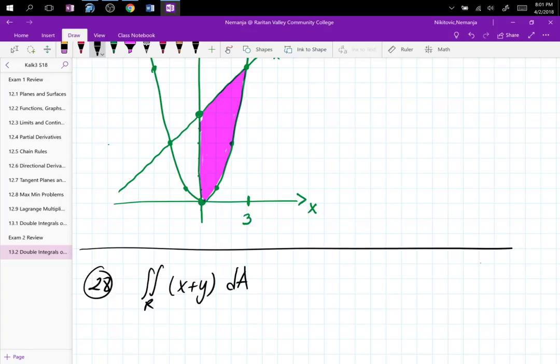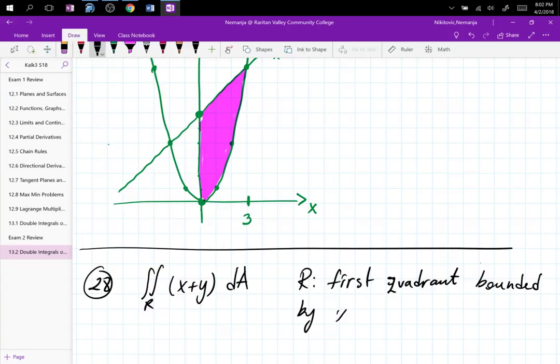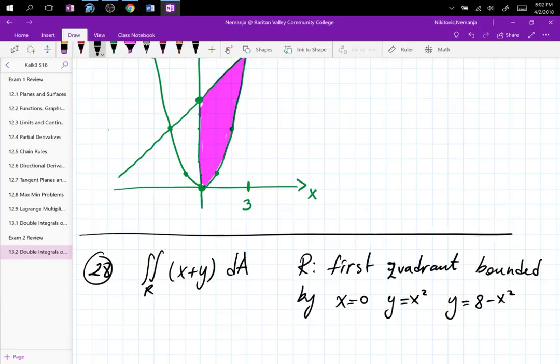Where R is the region in the first quadrant, bounded by x equals 0, y equals x squared, and y equals 8 minus x squared.